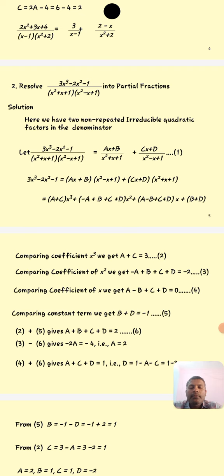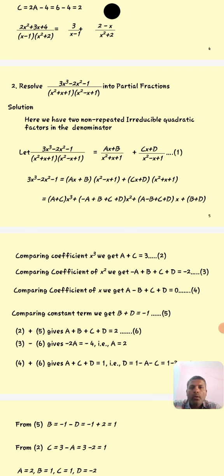The next step, we do the LCM procedure. The denominator will be cancelled. The remaining, we get 3x cube minus 2x square minus 1 is equal to (ax plus b) into (x square minus x plus 1) plus (cx plus d) into (x square plus x plus 1).